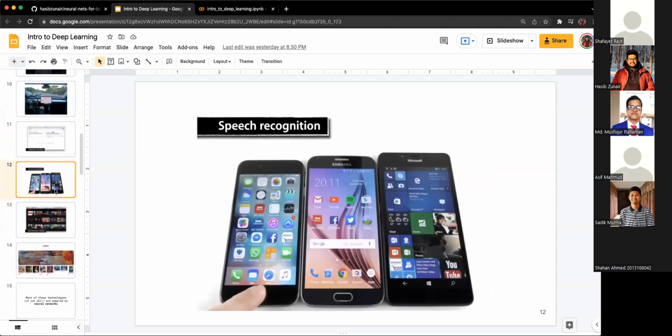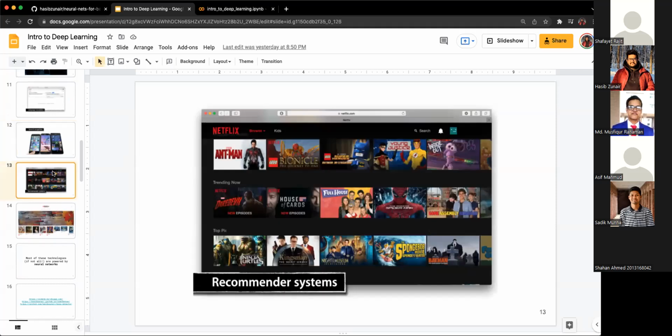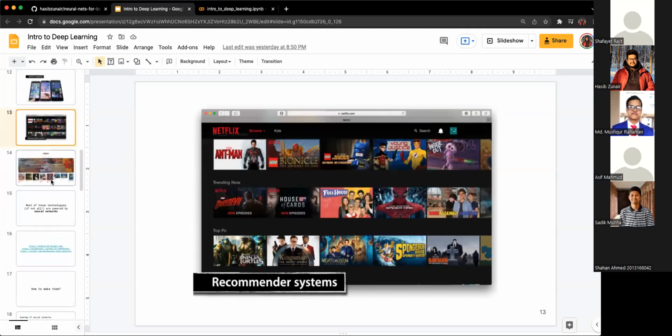There's also speech recognition, like Siri and Alexa. There are also recommendation systems. For example, when you're using Netflix or Amazon and you purchase a product, it would suggest relevant products. It works something like that.